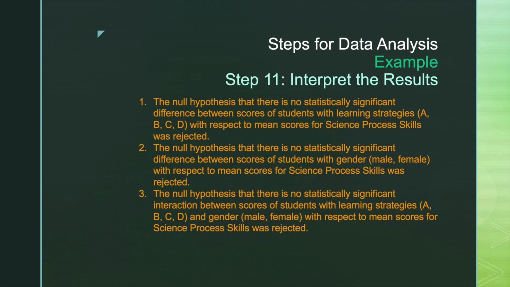The null hypothesis that there is no statistically significant difference between scores of students with gender with respect to science process skills was rejected. And the null hypothesis that there is no statistically significant interaction between scores of students with learning strategies and gender with respect to science process skills was rejected. And all of those rejections are coming from the two-way ANOVA output.